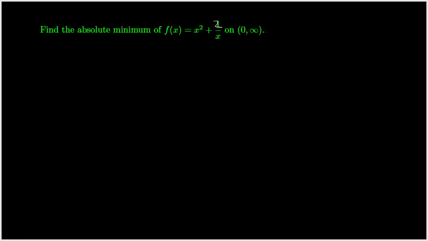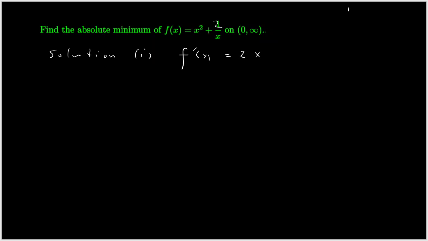We follow the steps. I will give you the complete solution to this question. On the assignment, you are going to have a similar question to this. So differentiate the function first. 2x.